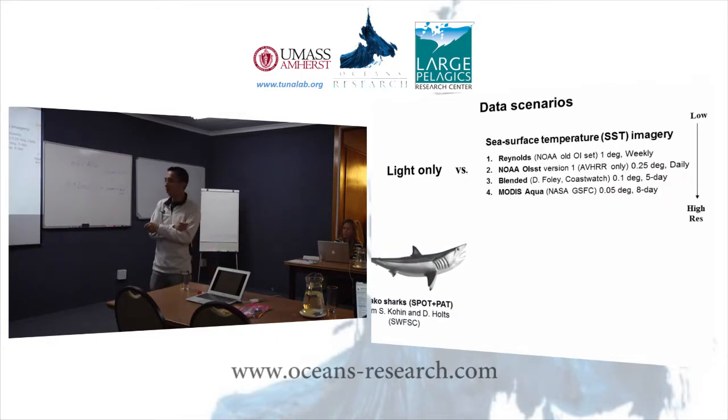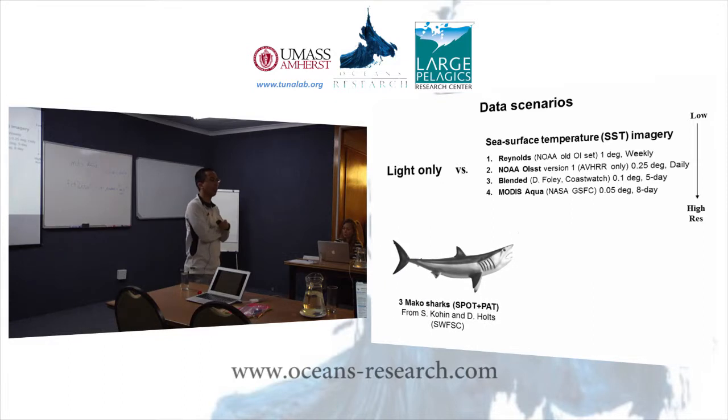So I alluded to this a bit earlier, about the resolution of imagery. The analogy again is back to KFTrack and UKFSST. What if you had a light-only option, almost like KFTrack? So keep it simple. You only need light. Then you start adding satellite imagery, and you can use all sorts of different imagery in it.